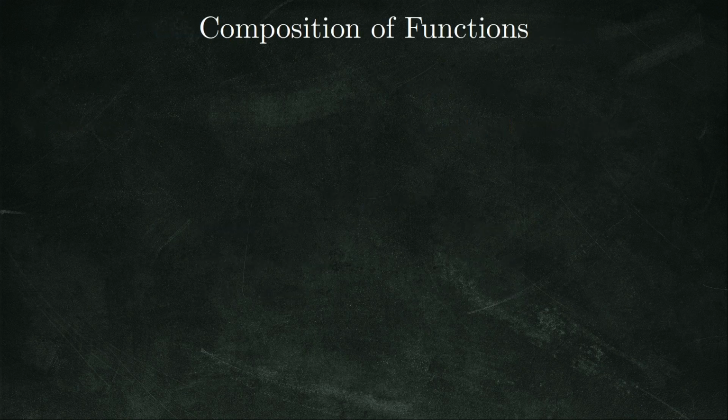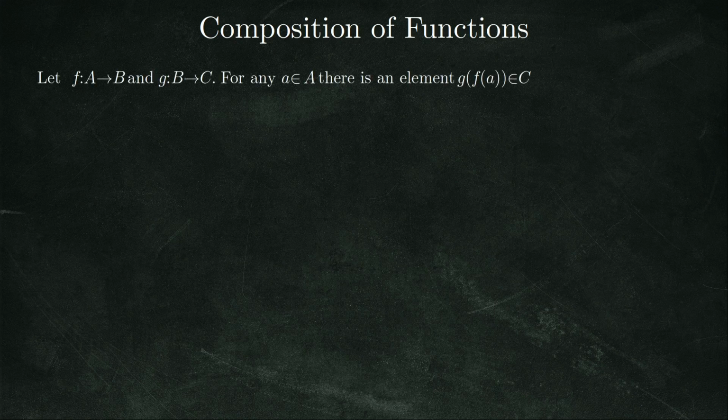We're now going to be looking at compositions of functions. So this is essentially where you apply a function and then apply another function to the output. So if f maps A to B and g maps B to C, then there is an element g of f of a, which is in C. So we take the point a, we apply the function f to it, and that gives us an element in B, and then we apply g to that, and that gives us an element in C. And we can write this composition of functions as g circle f.